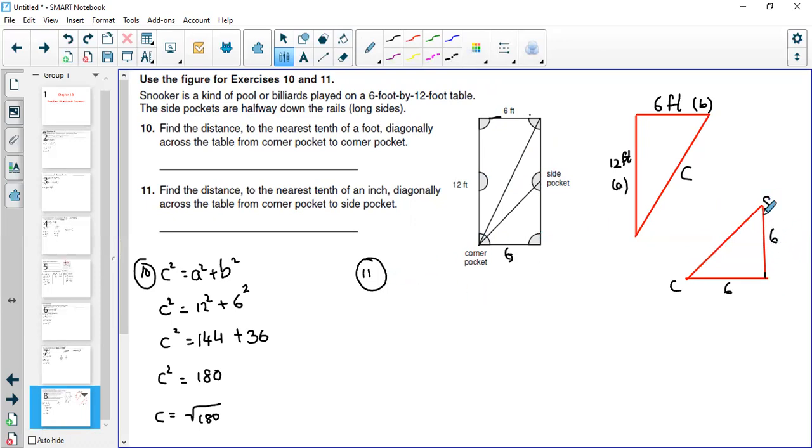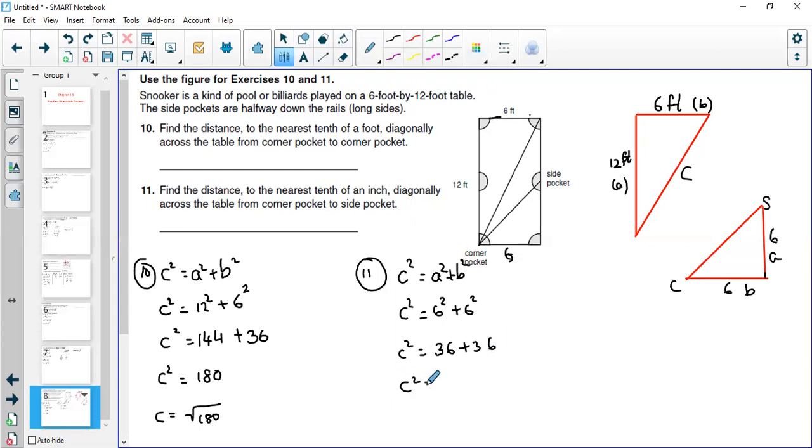Now I think you can use the Pythagorean theorem formula, C squared equals A squared plus B squared. Which is going to be A? A is going to be this one, and the base is always going to be B. So C squared is going to be equal to 6 squared plus 6 squared, which is 36 plus 36.